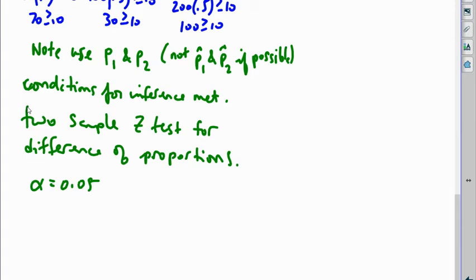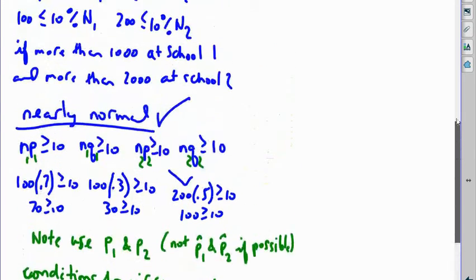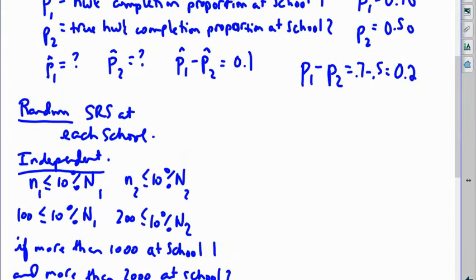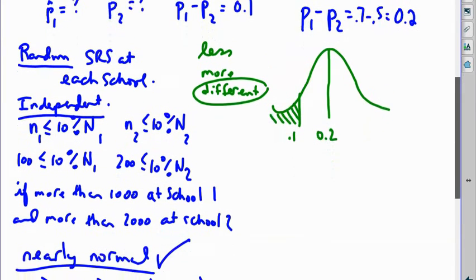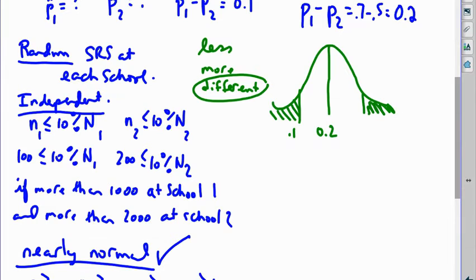And we know that we think the true difference is 0.2. And we're looking at this 0.1. I'm going to try to decide, do we feel like we're looking for less, more, or different? And I think that we're just wondering if these two schools are different. And so I'm going to also do the other side. I'm going to double this level.